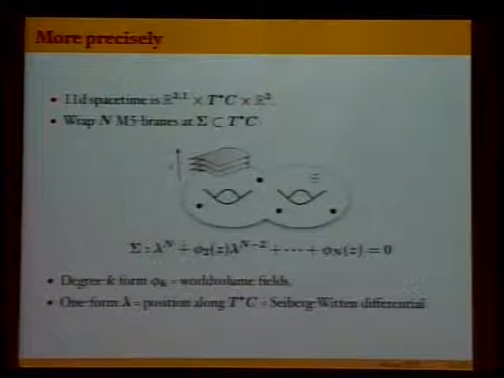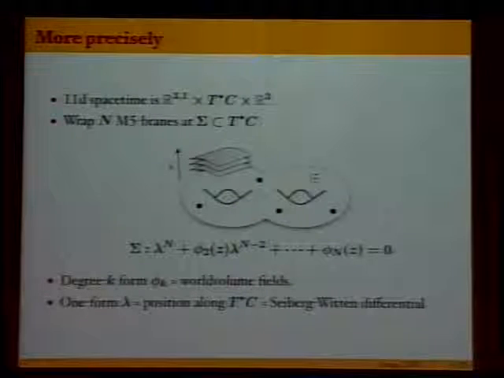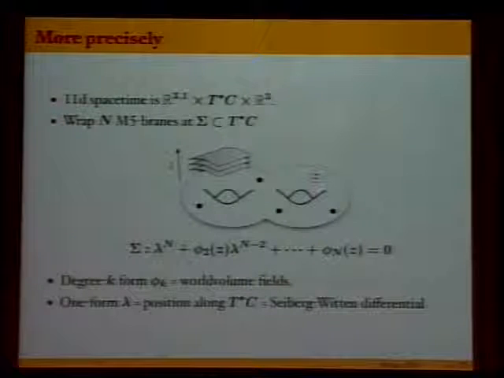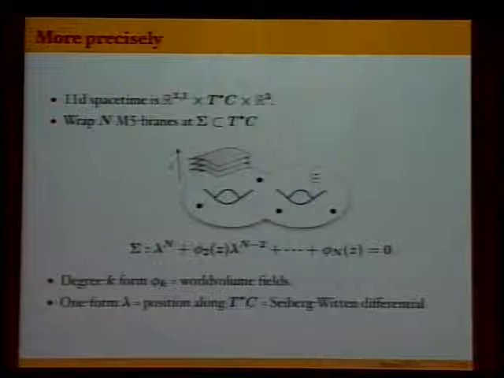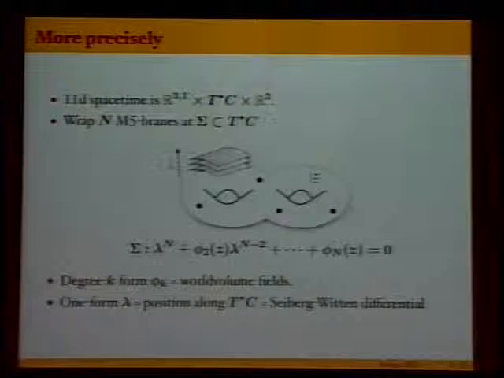Now, you wrap N M5 branes on this Riemann surface C with a number of punctures. The locus Σ on which the 5 branes wrap should be given by a degree N polynomial, so that for each point z on the Riemann surface, you have N solutions to this equation, describing N points along the direction tangent to this Riemann surface.